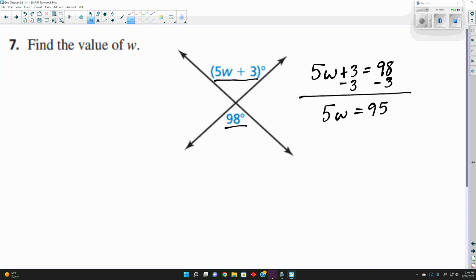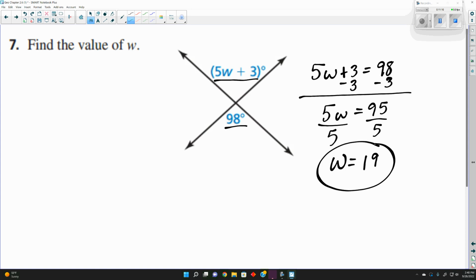And then divide both sides by 5, telling us that w is 19. Questions on any of this here?